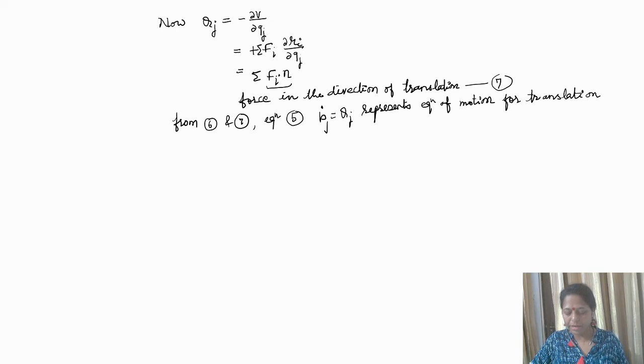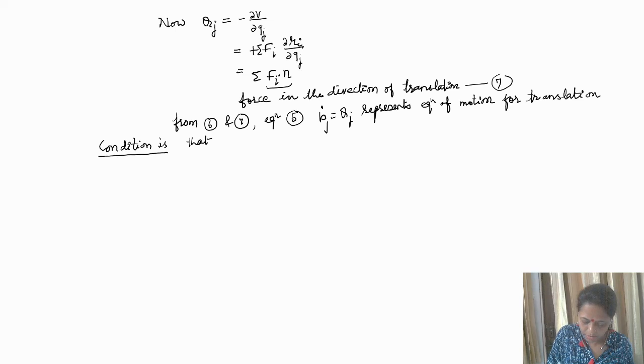purpose to find in this theorem is that your linear momentum should be conserved. Now what is the condition? That your coordinate should be cyclic. Now the condition is that Qj is cyclic.